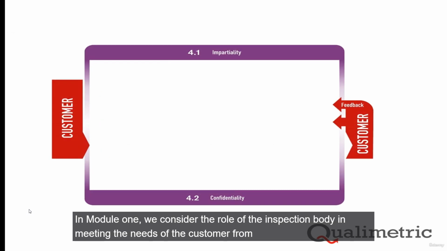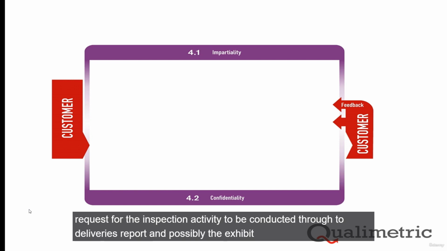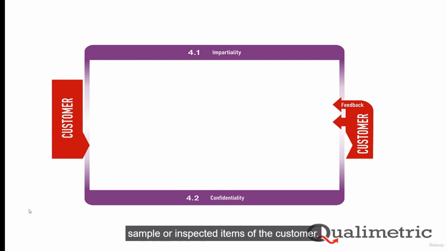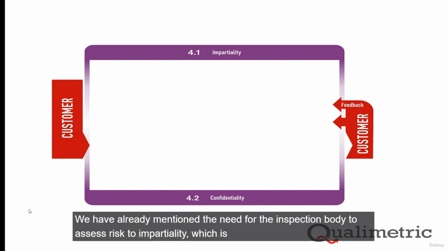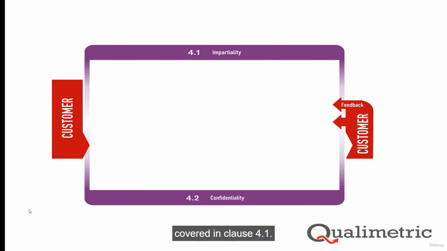In Module 1, we consider the role of the inspection body in meeting the needs of the customer from request for the inspection activity to be conducted through to delivery of the report, and possibly the exhibit, sample or inspected item to the customer. We have already mentioned the need for the inspection body to assess risk to impartiality, which is covered in clause 4.1.